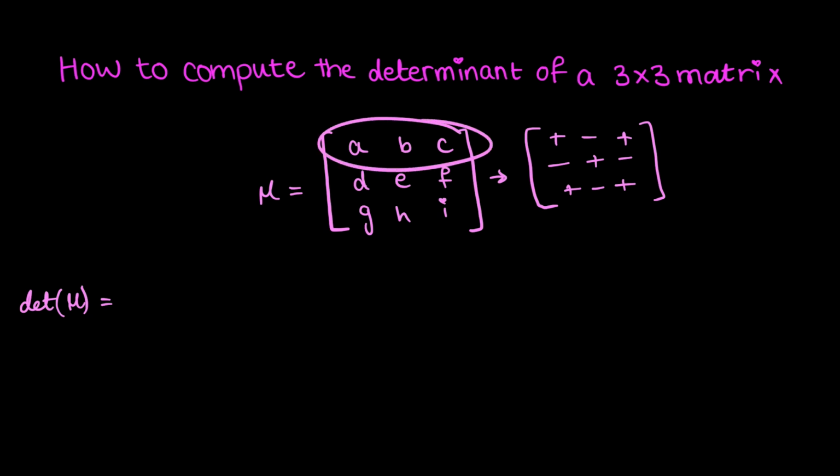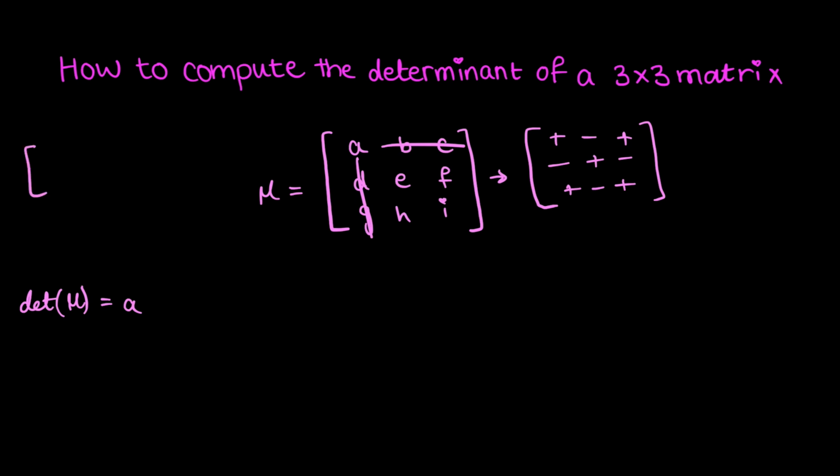So let's look at the first element, A, and I'm going to compute its cofactor. What the cofactor is, again, is the place sign, in this case positive, so I don't need to change anything, times its minor. To find the minor of A, which we just did, we cross out the row and column and compute the determinant of the leftover matrix.